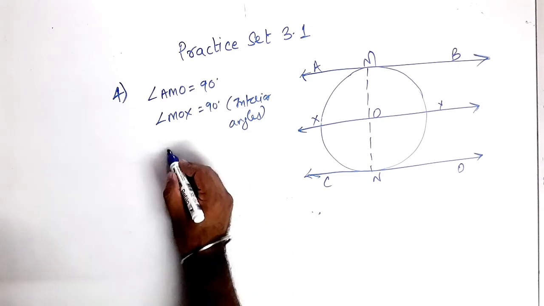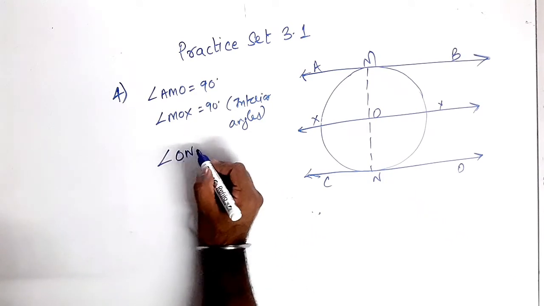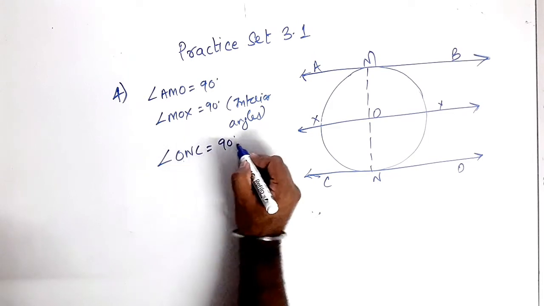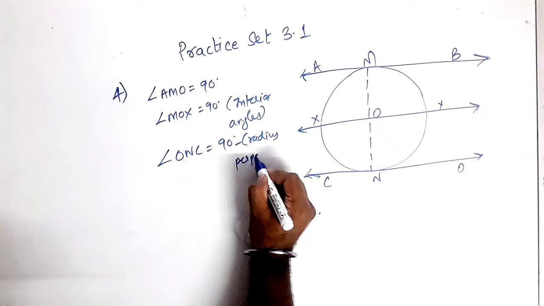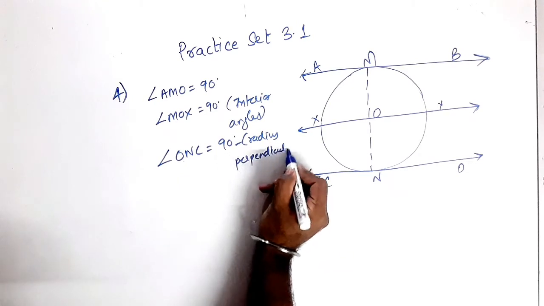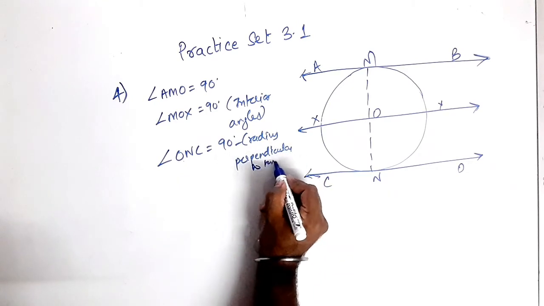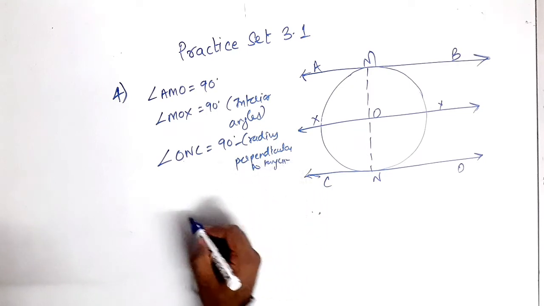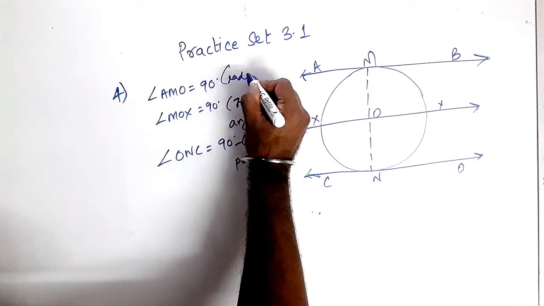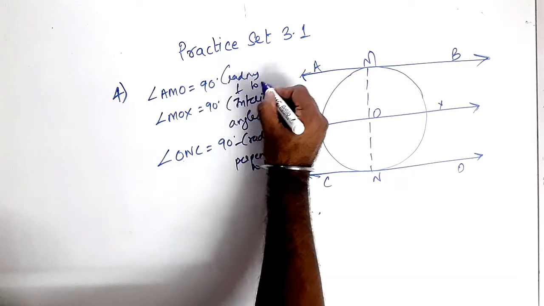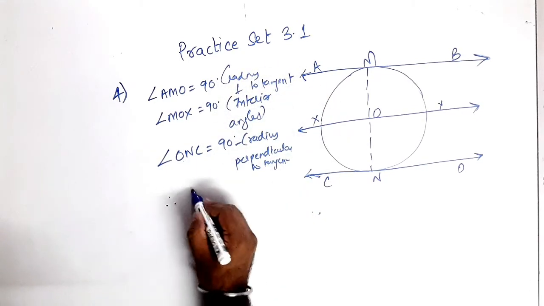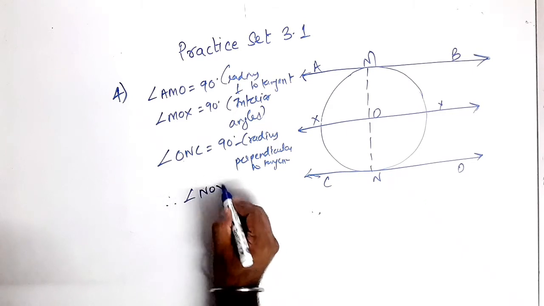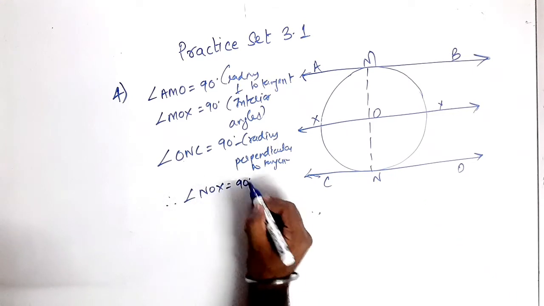Similarly, angle ONC equals 90 degrees. This is radius perpendicular to tangent. Here also you can write radius perpendicular to tangent. Okay, therefore angle NOX is also 90 degrees.